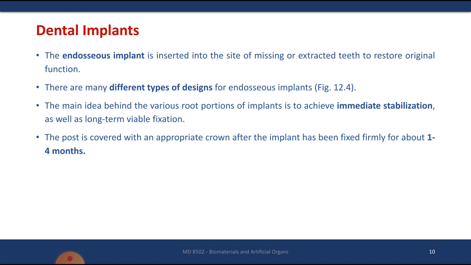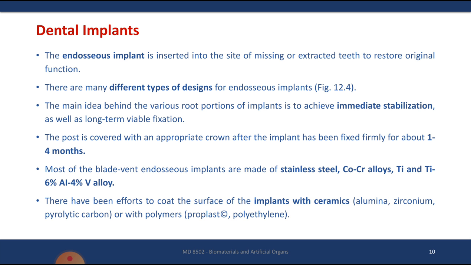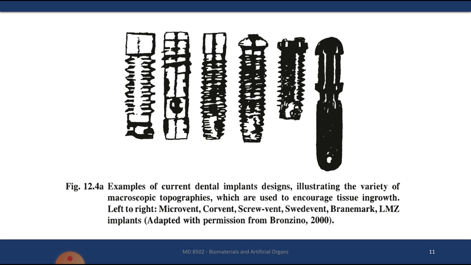This is like the next post-surgery step. Mainly the different metals used are stainless steel, cobalt chromium alloys, titanium and titanium alloy. There are also different ceramic materials used for dental implants, like alumina, zirconium, pyrolytic carbon, and also polymers. So this is about the dental implants.